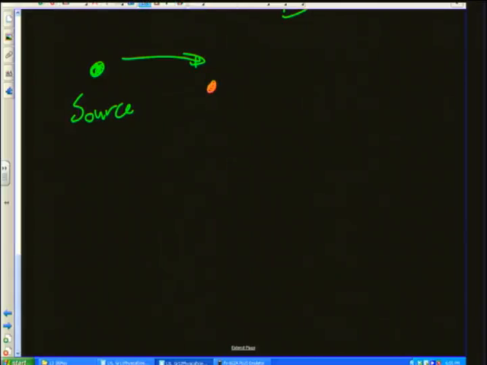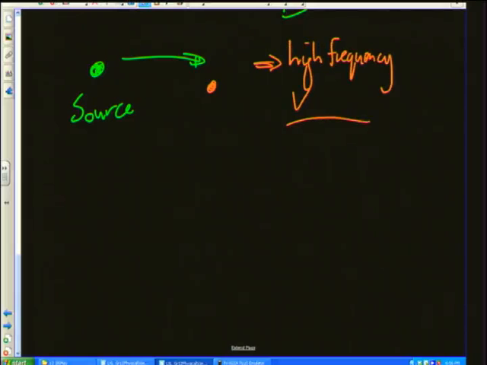And in this scenario, you would get a higher frequency. And a higher frequency means that when you look at the equation, you're going to get V over V minus Vs. Okay? That's what that means. It would also mean the same if this one was stationary. The other scenario is if the source was stationary. So let's sketch that.